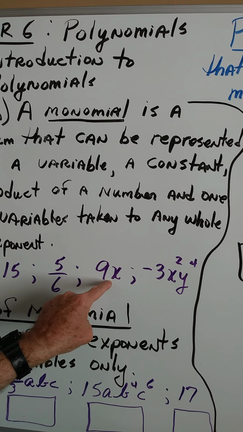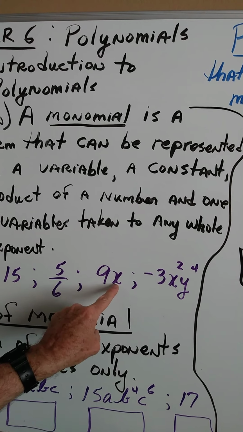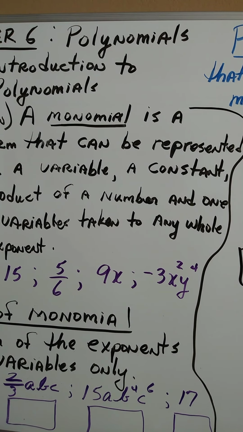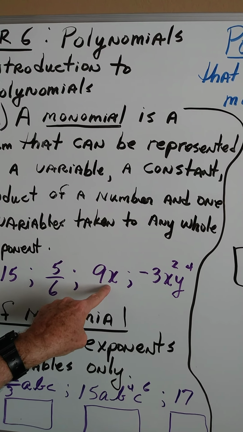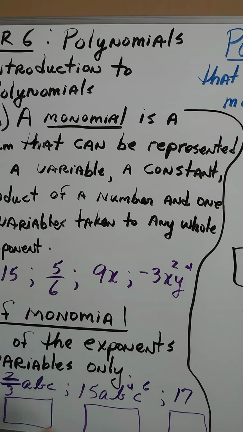When we read this, we say 9x, but it also means 9x to the first. We don't see the exponent of 1 there, but it's implied to be there. 9x is an example of a monomial.